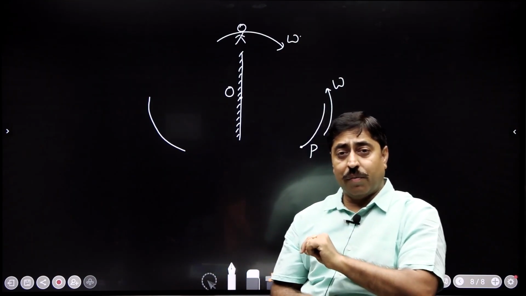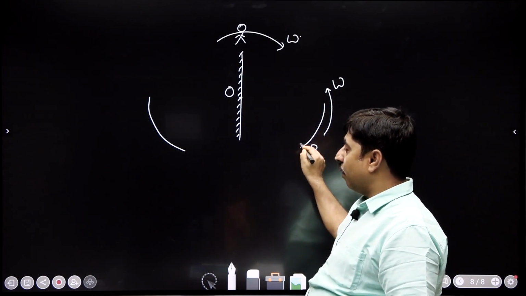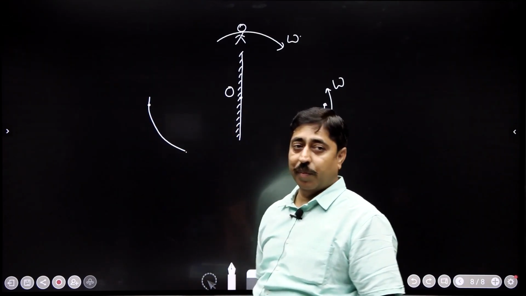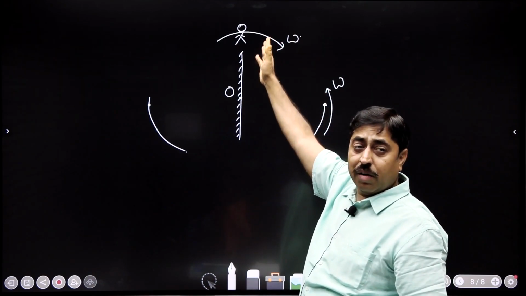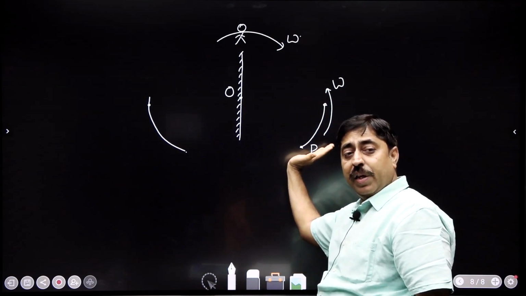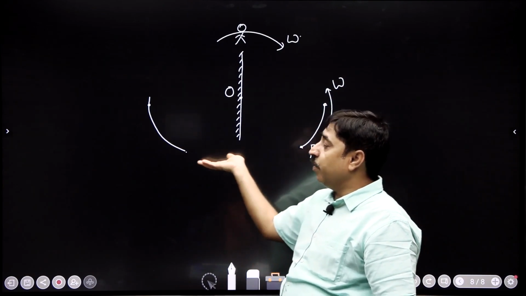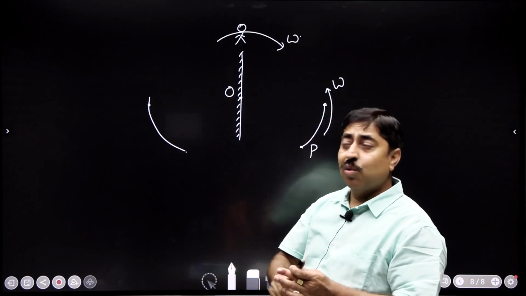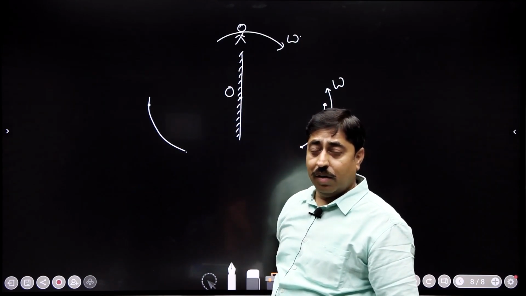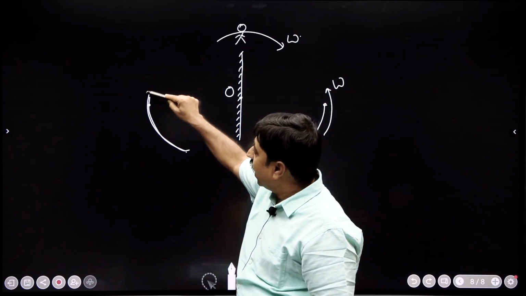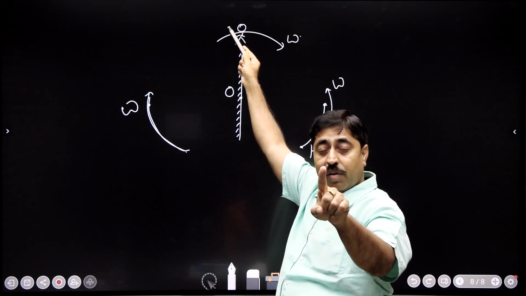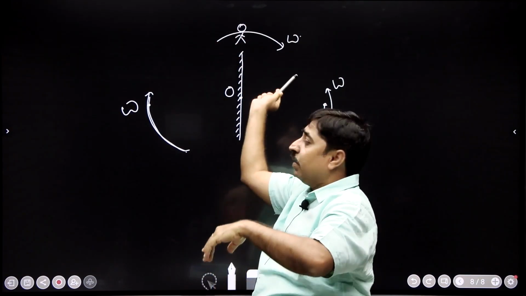So for that observer, if this is the object, at the same distance this is the image. So this object point P is rotating like this and the image will be rotating like this with the same angular speed omega. So with respect to this observer, the image is rotating in this direction with angular speed omega. And now this observer himself is rotating like this.